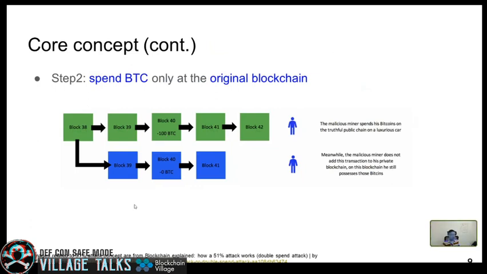And simultaneously, in the blockchain that you currently manage but are not broadcasting, you just don't send that transaction. You exclude that transaction from the blockchain that you are maintaining. This is step 2.